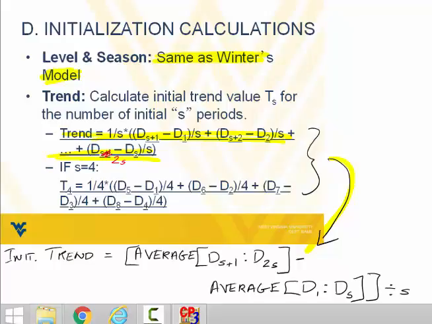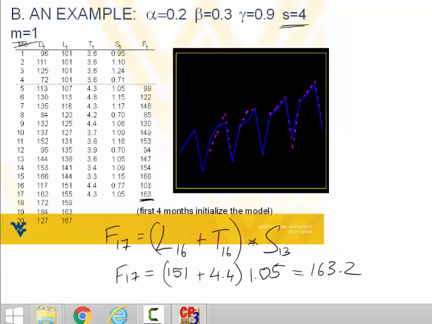Very quickly, what I'm really doing is, I'm just taking the first S periods, and I'm taking the second S periods, and I'm finding the average, and that rise that I'm getting, that is my initial trend.